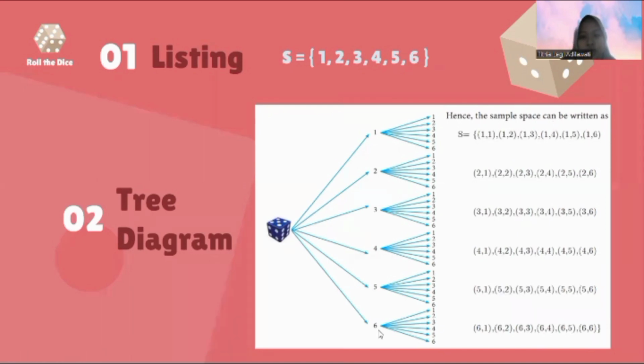So, the red line 1, 2, 3, 4, 5, and 6 belongs to the first dice. And the green line 1, 2, 3, 4, 5, 6 belongs to the second dice.